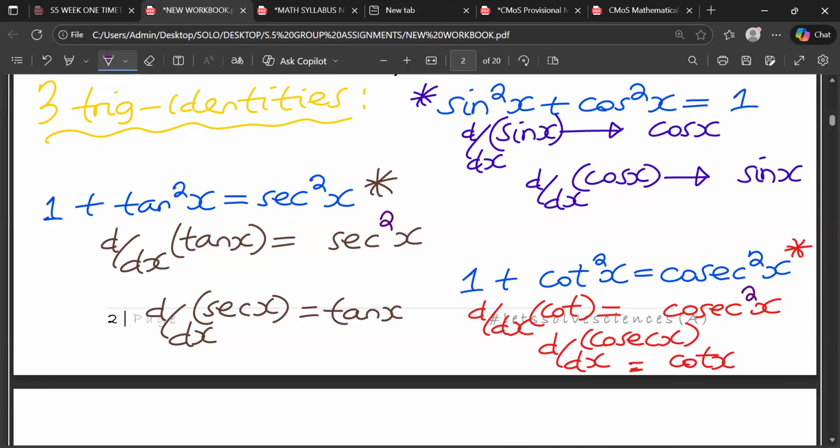But when it comes to the reverse, remember how the identity looks. If you're differentiating sec, sec must come, but it will come with the tan. But if tan is becoming sec, then this sec must be squared.